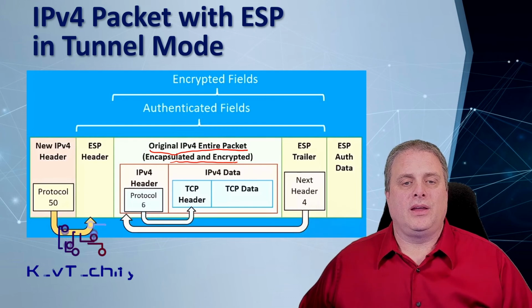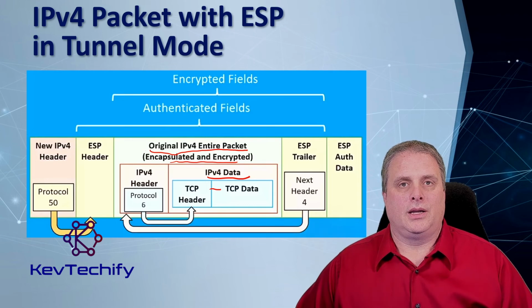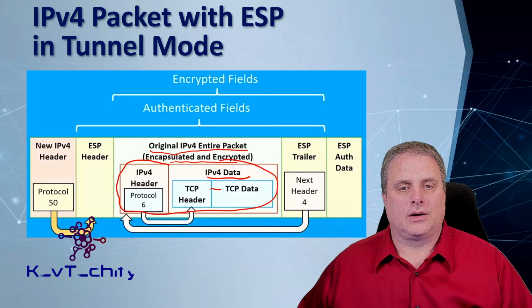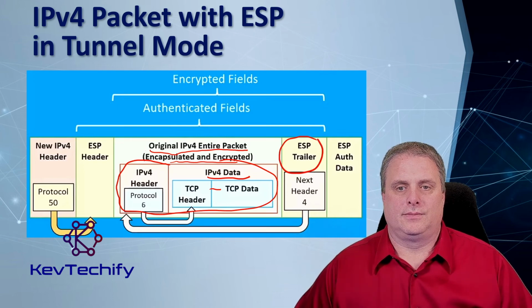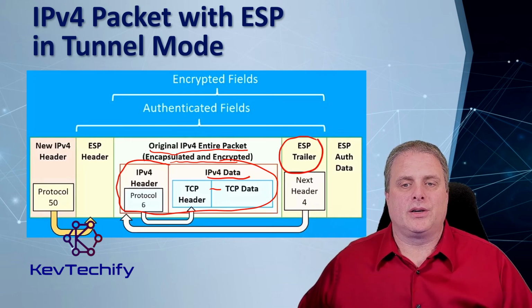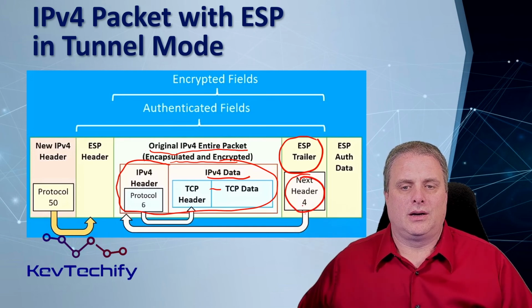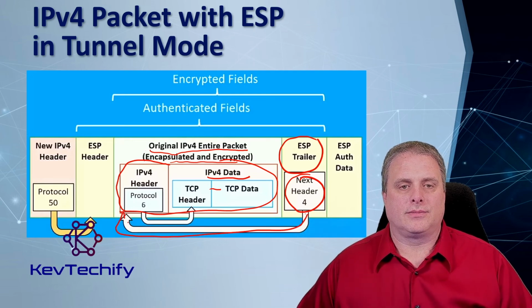Not only the IPv4 data with the TCP header and TCP data, including the application layer data, but also the original IP version 4 header is encrypted along with the ESP trailer. Notice the ESP trailer says that the next header it's pointing to is the header of the original IP version 4 packet.